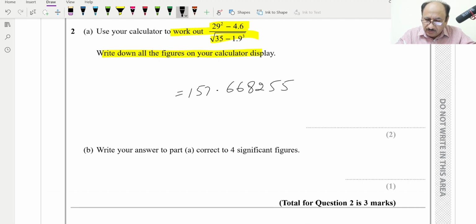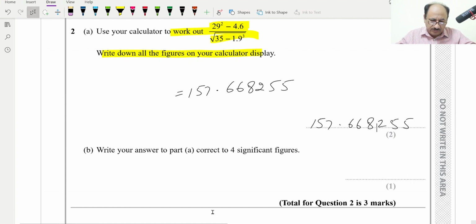These are the calculator numbers, so we can copy them at the proper given place. This will be our final answer.